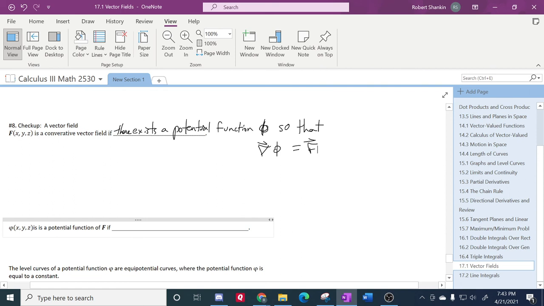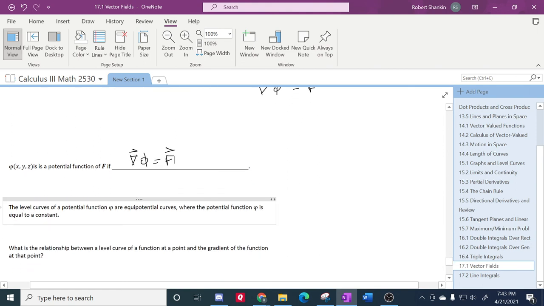Phi of x, y, z is a potential function of F if, it's just stating the same thing, the gradient of phi is F. The level curves of a potential function phi are called equipotential curves, because it has equal potentials, where the potential function phi is equal to a constant. So you can always find the level curves of any function by just setting the function equal to a constant.